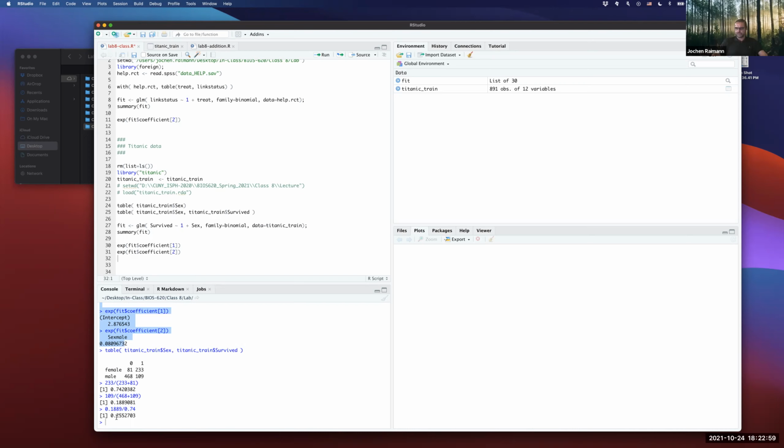You essentially get 0.74 divided by 0.18, which is a fourfold greater probability to survive when you're female. So this is the other way around. We just changed the way to look at it.